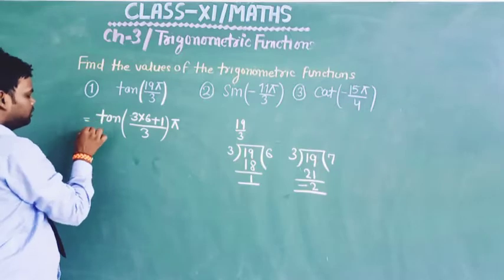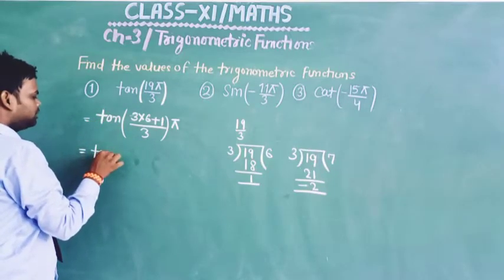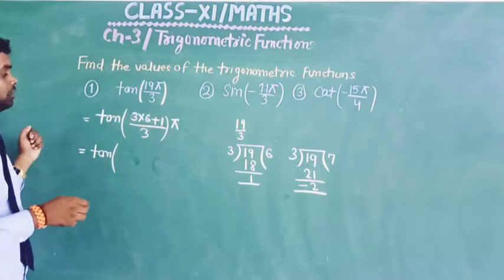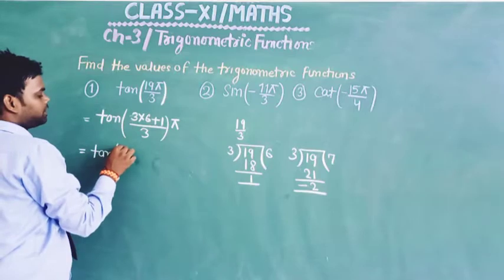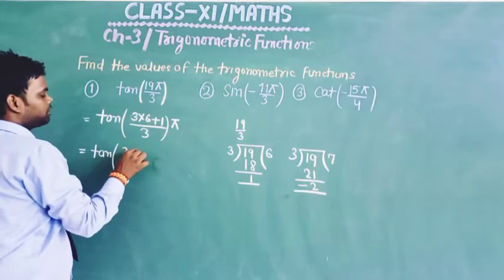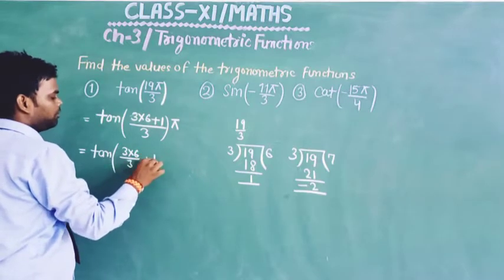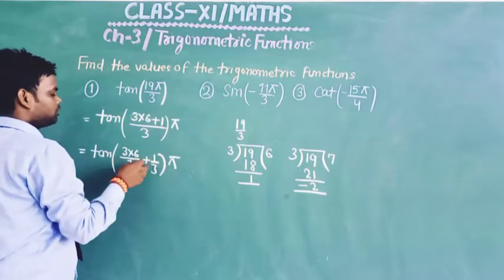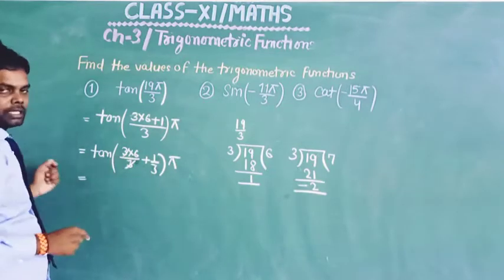And from the next line, 19π/3 is written as 3 into 6 by 3 plus 1 by 3 π. So the 3 cancels out and π multiplies inside the term.